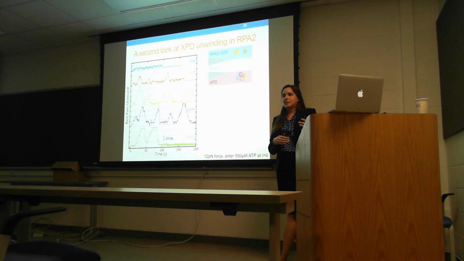So she asked whether XPD might have different states if it's moving along DNA versus being stationary. Since in our incubations XPD is stationary, perhaps it can't interact with RPA2 the same way it does when it's moving. That's possible. I don't really know how you would account for that exactly.